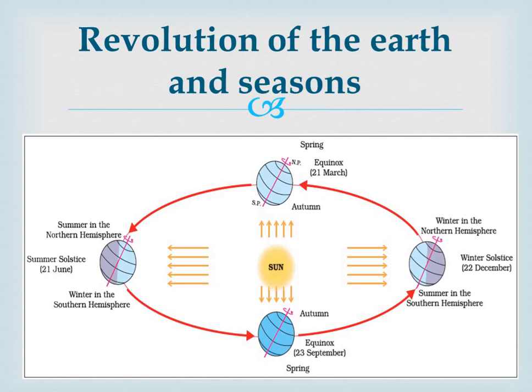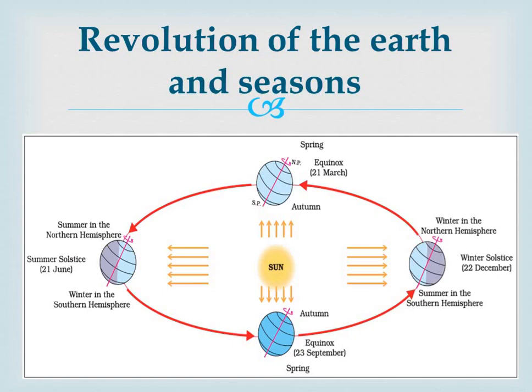Basically in winter season we have longer nights and shorter days. So these are the phenomena of summer solstice and winter solstice, and of summer season and winter season, that we will discuss again. Now if we see the two other positions of the earth, equinox is written.